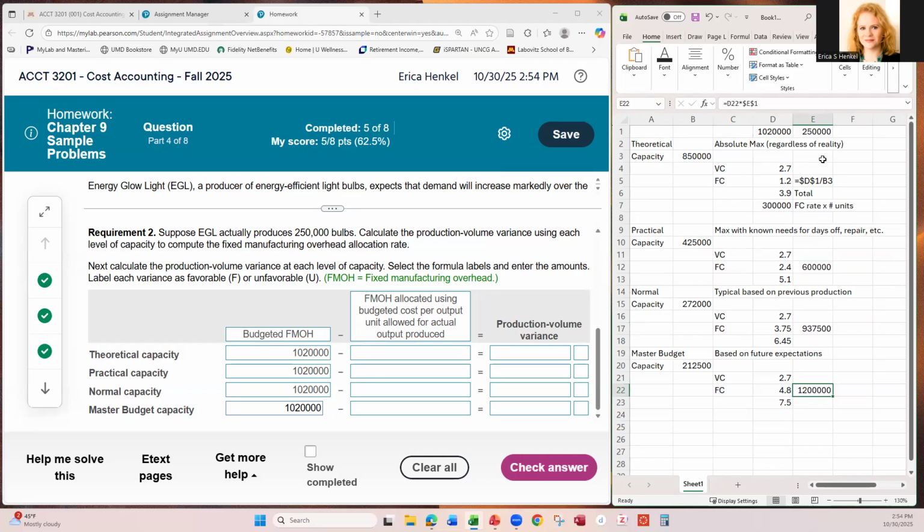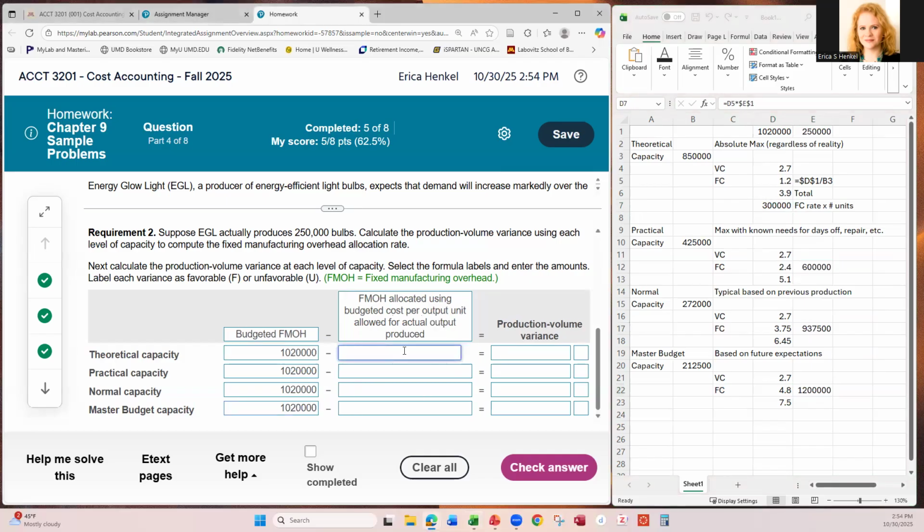All right, so this is the amount that ends up getting allocated out for each of these rates. Okay, and then the difference between the two of them is going to be just what over or under allocation here.